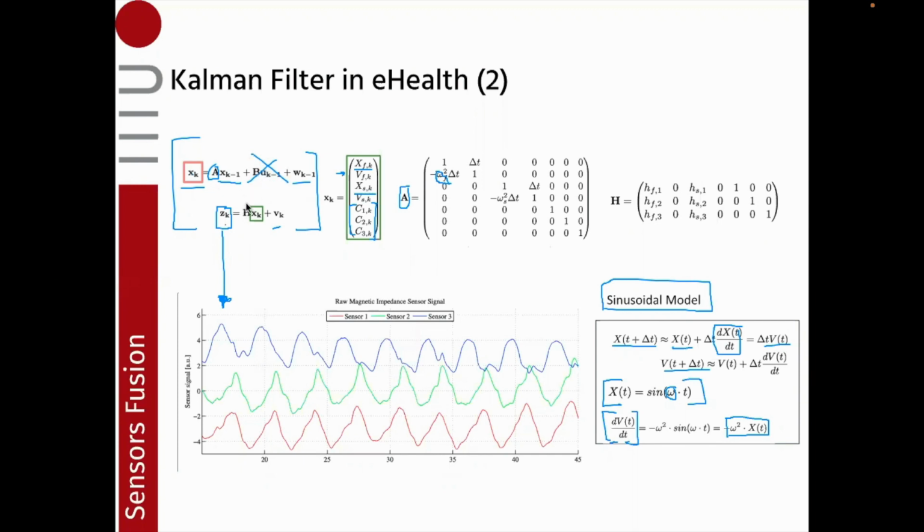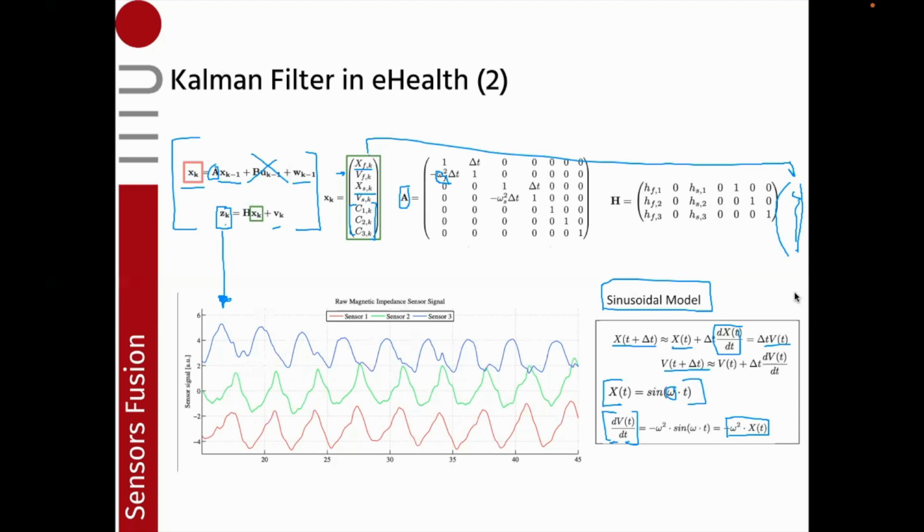What we miss here is the matrix H. In this case, if you think that this is the state, we measure only the three impedance signals, which are the superposition of the heart signal, the respiratory signal, and the offset of the sensor.